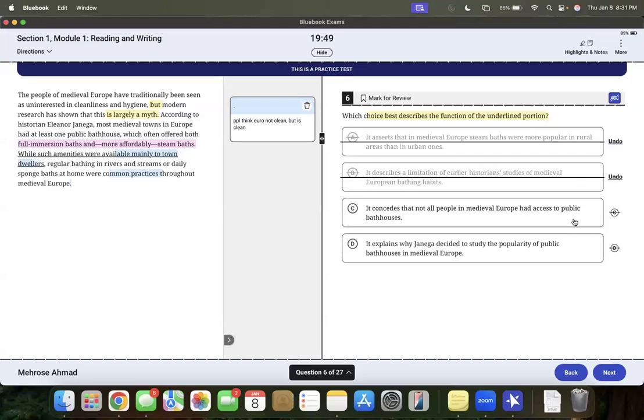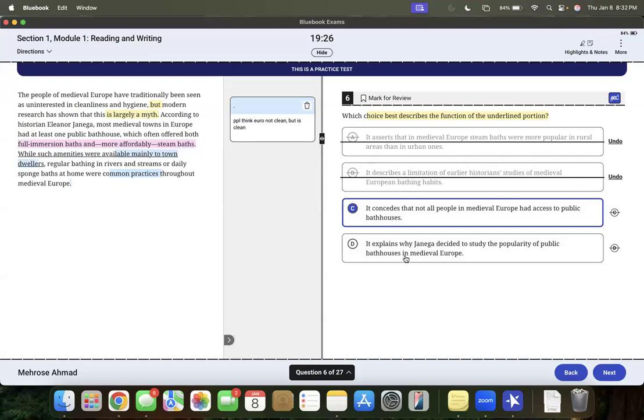C, it concedes that not all people in Europe had public bathhouses. Okay, this is very plausible because the last sentence says most medieval towns had one public bathhouse. And then it says these amenities were mainly available to town dwellers. So someone who may not be part of the town couldn't use it, probably is what the sentence is implying.